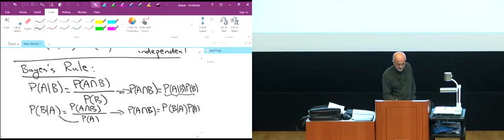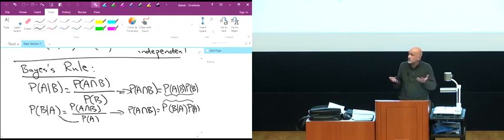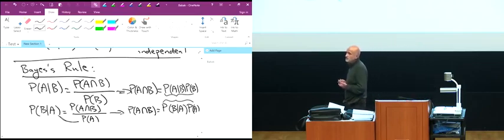What can you tell me about the right-hand sides here? They're equal. They must be, because they both correspond to the probability of the intersection. Okay.